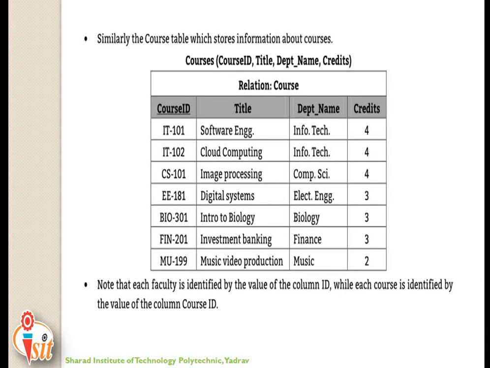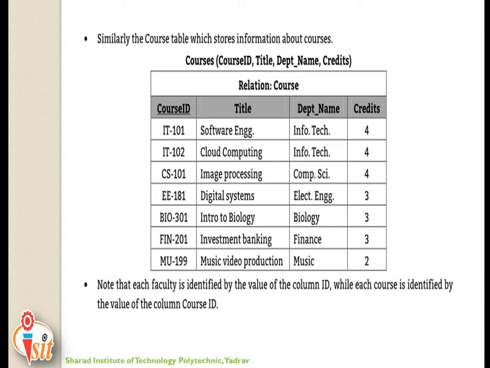Now similarly, as we studied the faculty table, likewise here is another table, the course table, which stores information about courses. Course is the relation in this table and it has the schema: course ID, title, department name and credits.